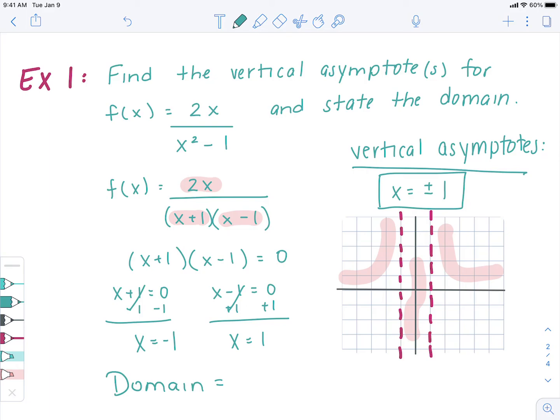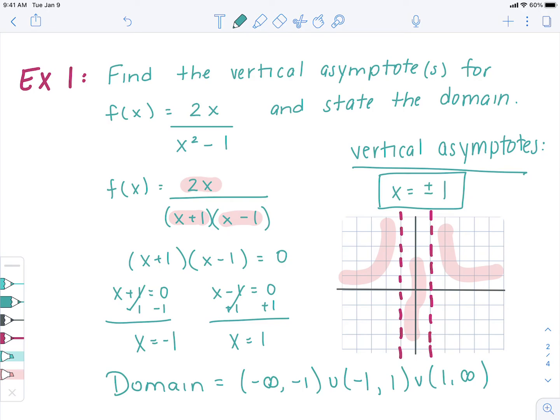I can have every other number. So when I write my domain, I'm going to say, okay, I can start at negative infinity. I can't have negative 1, so I'm going to skip over it. But then I can have everything after negative 1 until I get to 1. Skip over 1, and then keep going.